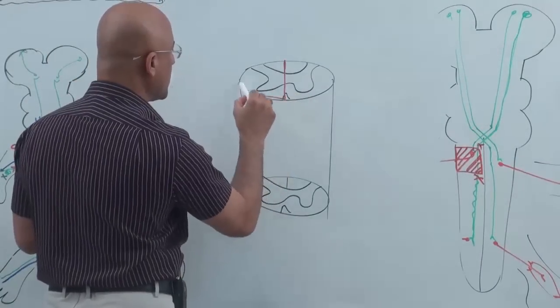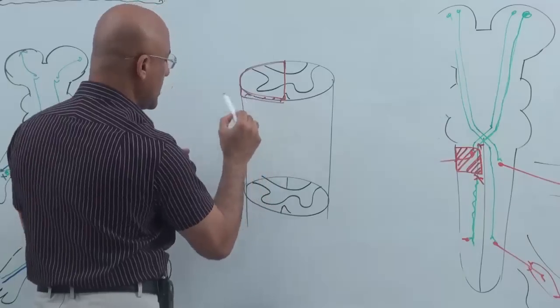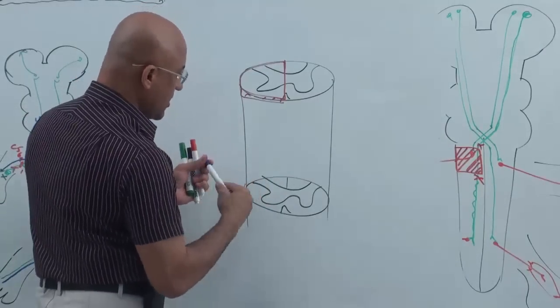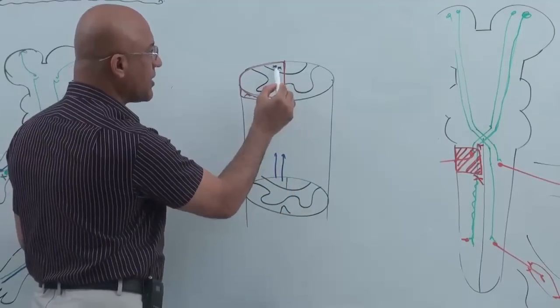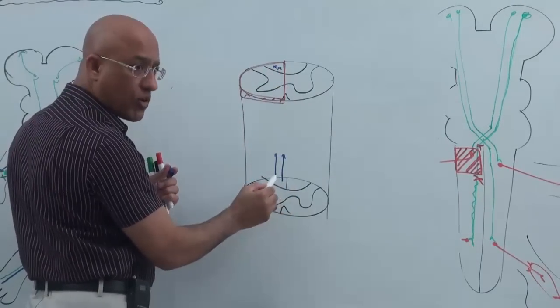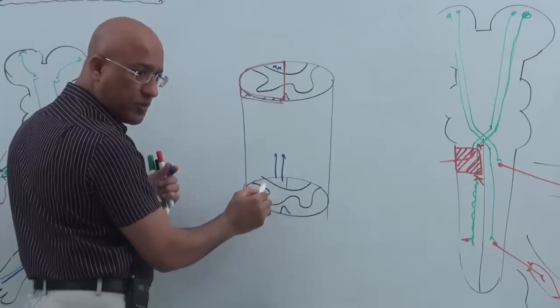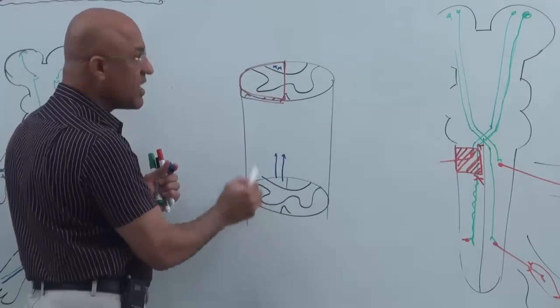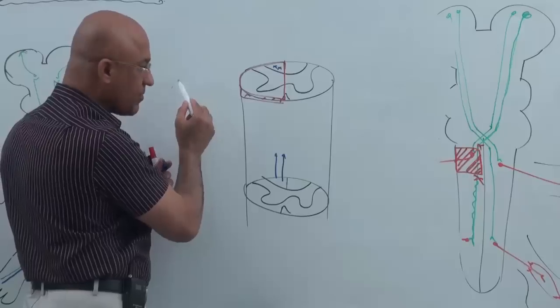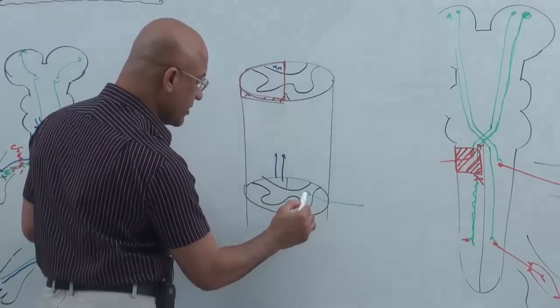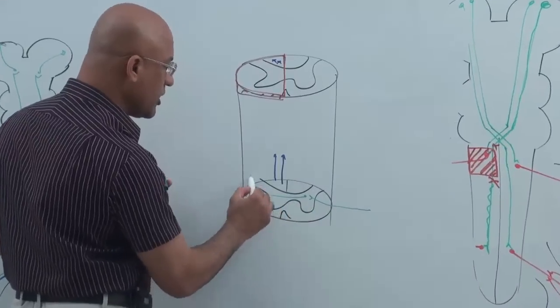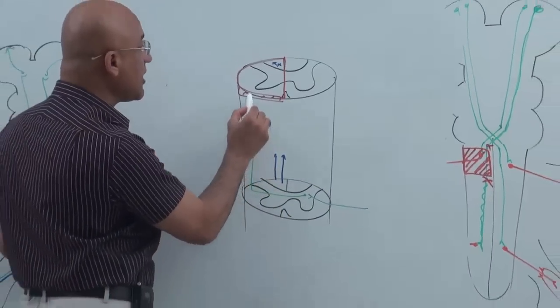This part of the spinal cord is lost. Now, the dorsal column sensations which are going up are lost here. That will produce loss of dorsal column sensation ipsilaterally below the level of the lesion and also at the level of the lesion. Then the spinothalamic sensations, they are going contralateral and they are also lost.